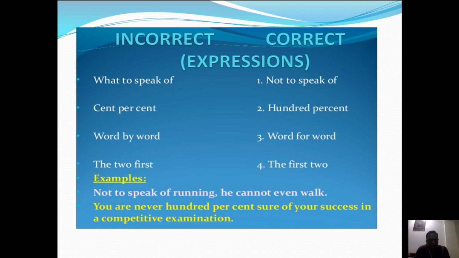These are the expressions, because in conversation we convert them according to our feasibility. This is wrong. You have to use the language required for making a correct sentence, not according to our wish. Let's take some examples. Not to speak of running, he cannot even walk. You are never 100% sure of your success in a competitive examination. These two examples.